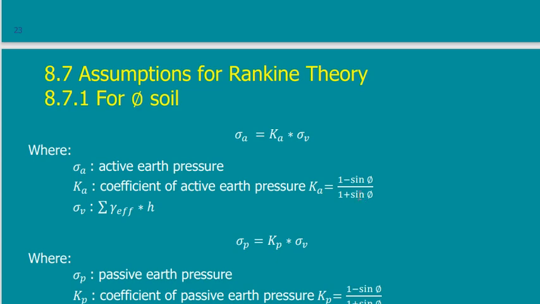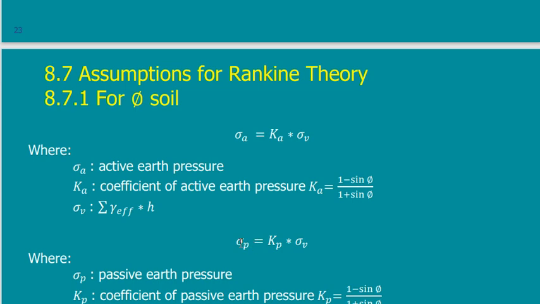That's why we said it is phi soil. I'm not using C, it's just phi soil. So I take the phi of the soil, substitute in this equation, I will get K active, multiply K active by the vertical stress, I will know the horizontal stress. So this is very, very easy.